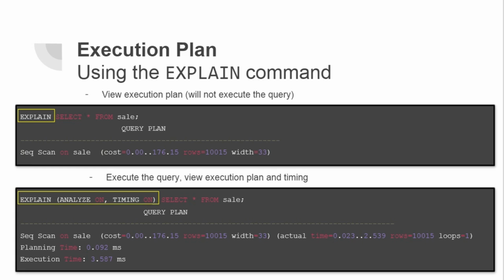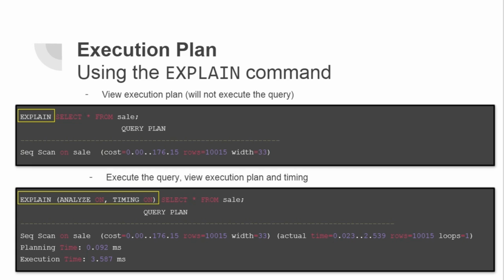But for now, what I want you to remember is that when you use explain, the database is not actually executing the query. Explain just produces an execution plan. So if we remember the chart from before, when you use explain, the database is going only up to the execution plan phase.